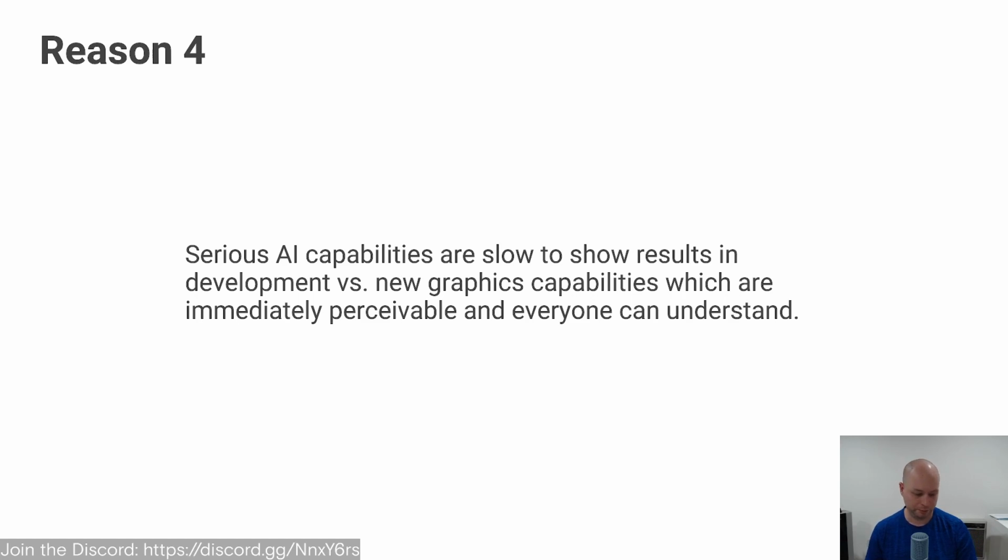Whereas, showing a new graphics algorithm that gets 10% more frames per second, you can just show me, hey, this runs 10% faster than the previous, or this looks 10% better because we can do better specular reflections or whatever it might be. So this is a problem with AI. There's no way to really demonstrate it. And as a result, it's hard to get the support to justify doing new things.